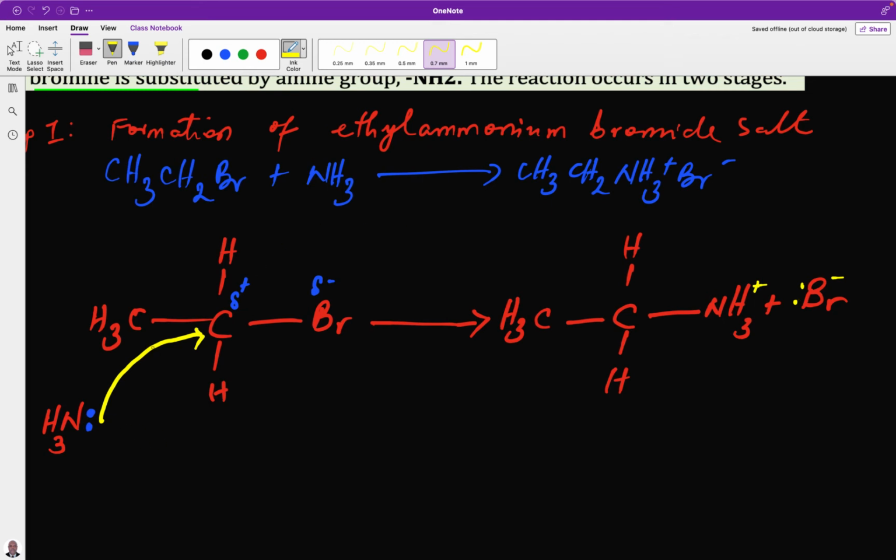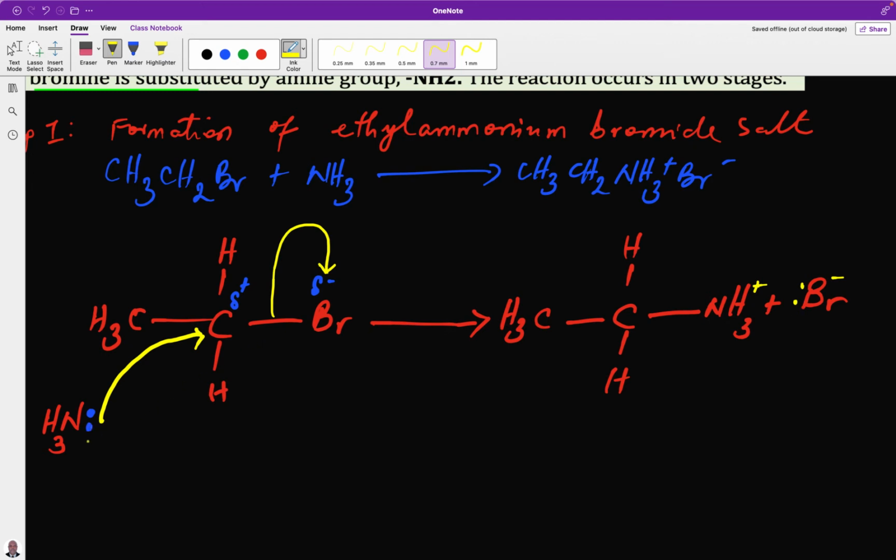The nucleophile attacks from behind. The ammonia attacks, donating what? Donating a lone pair of electrons. As the nucleophile is attacking from behind, as a result of the polarity there's what we call heterolytic fission, with the bromine going away with a lone pair of electrons.